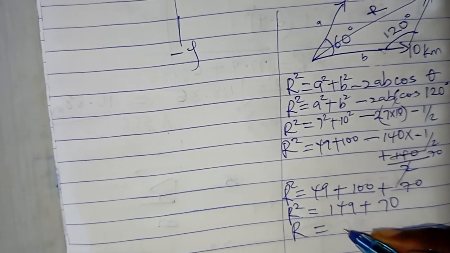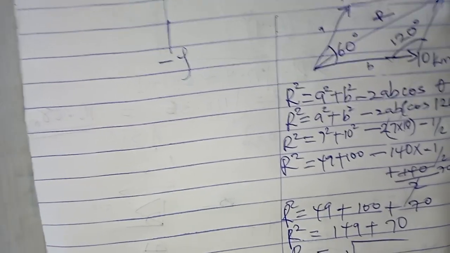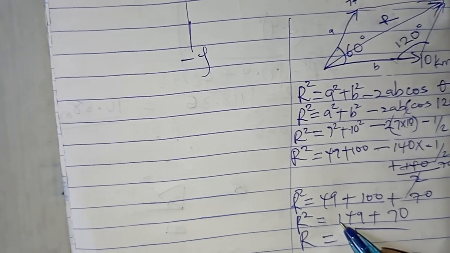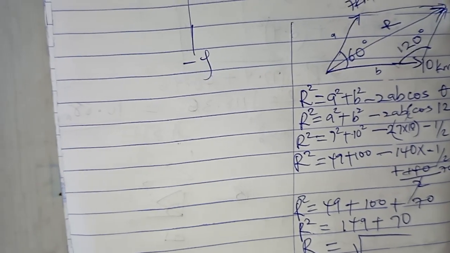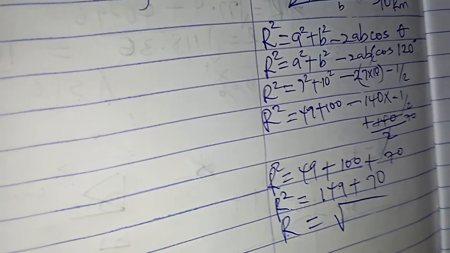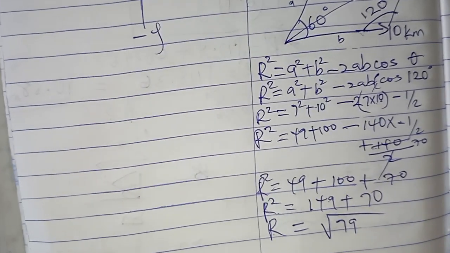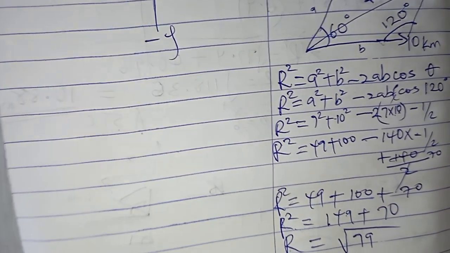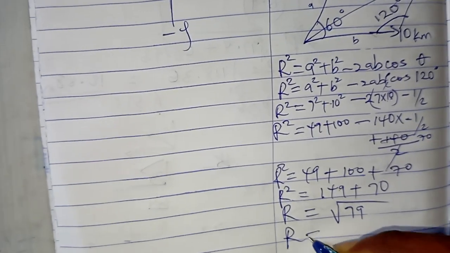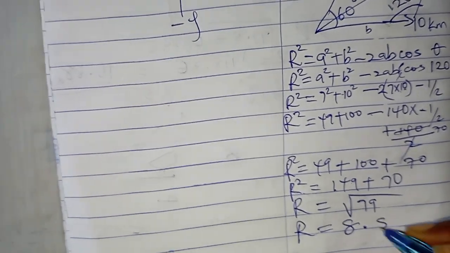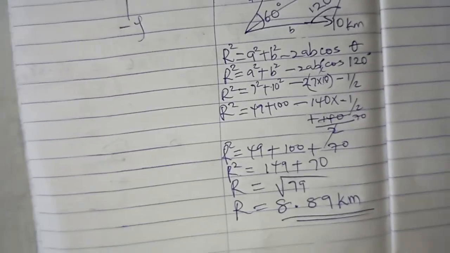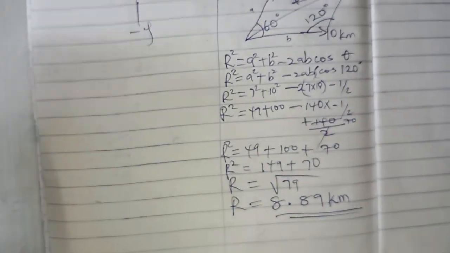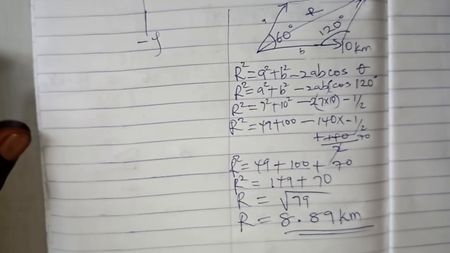R is equal to the square root of 219. Let's punch that. R is equal to 14.8, and it was given to us in kilometers, so we'll use kilometers for that. So that is how you go about it using cosine rule.